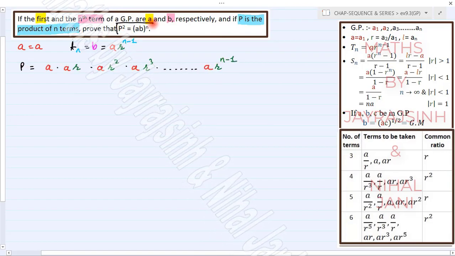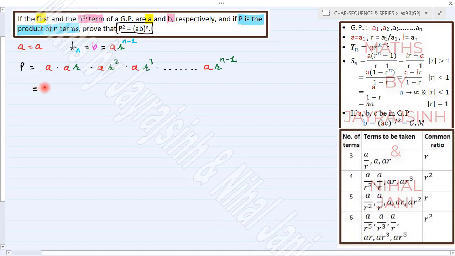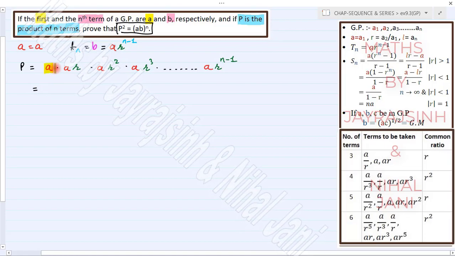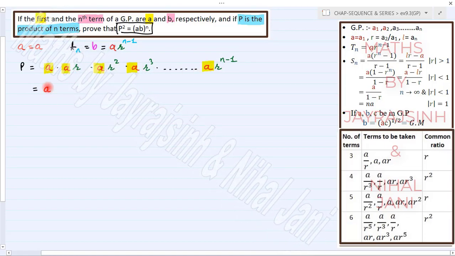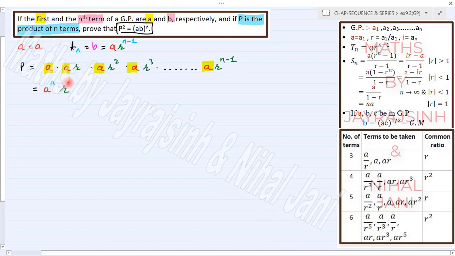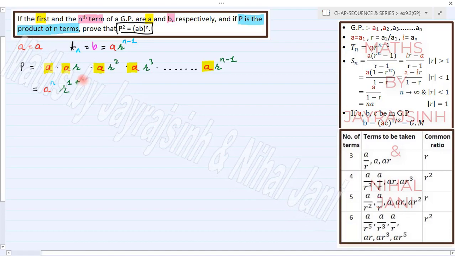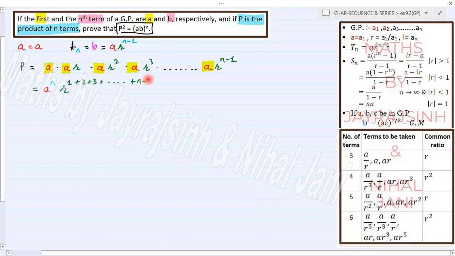So you have to prove this thing. So let's try to simplify our P. We have A n times. So we will get A raised to n, and let's collect the power of R, which is 1 plus 2 plus 3 up to n minus 1.